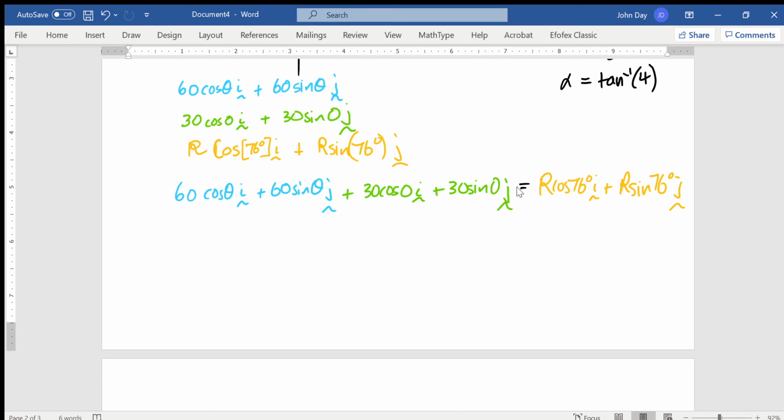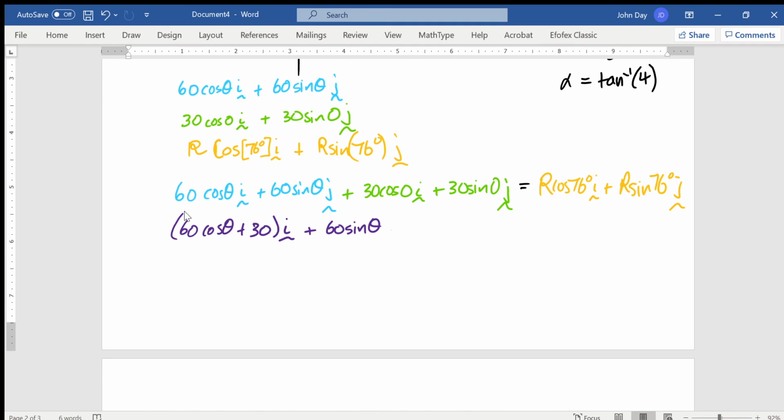Now we can just simplify that down. I'm going to gather all the i parts and the j parts on the left. I'll grab a purple pen. I've got 60 cos theta plus 30 cos 0. 30 cos 0 is 30, so I've got that i, plus 60 sine theta, and 30 sine 0 is 0.